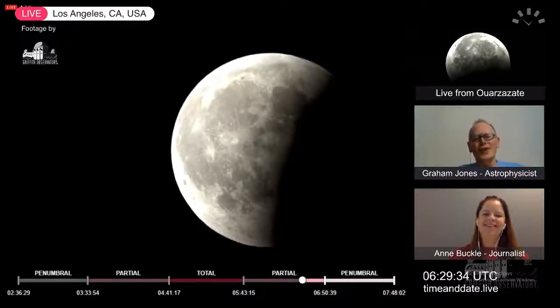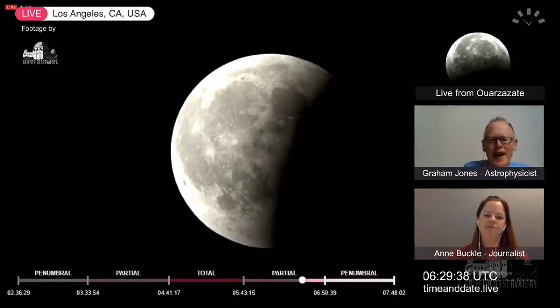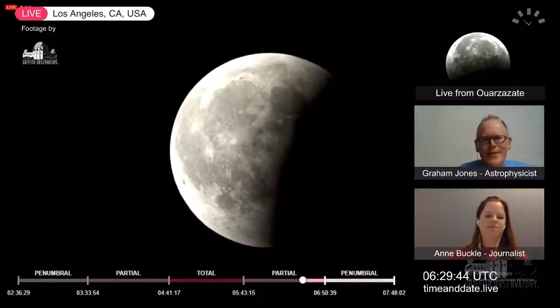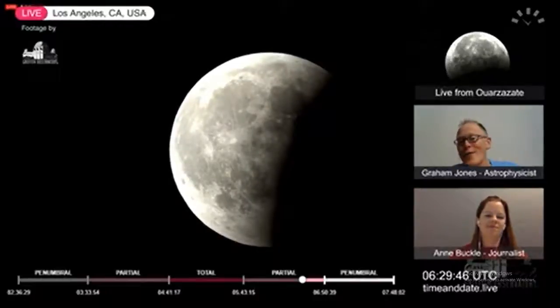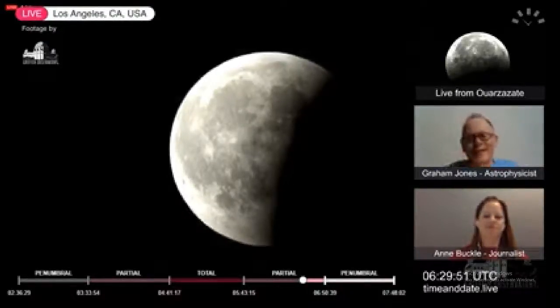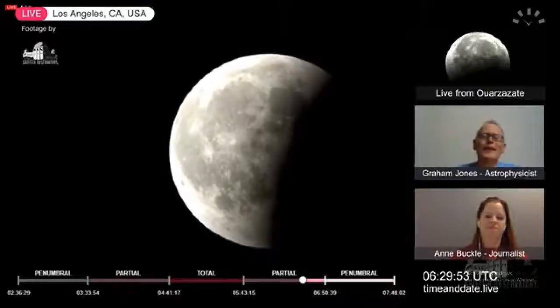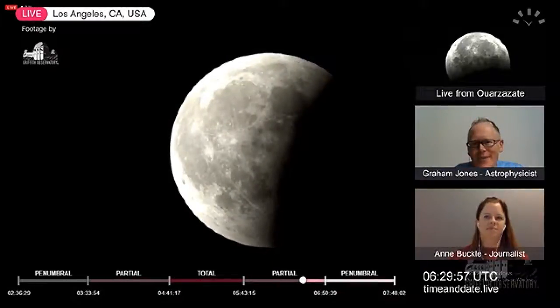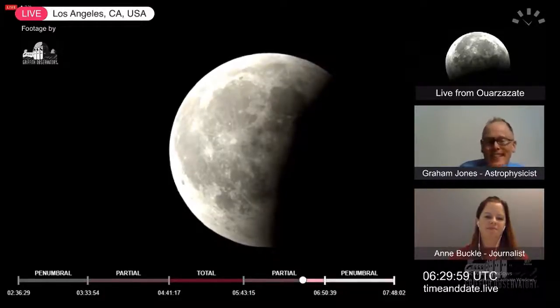So during totality, the Earth was completely blocking sunlight from reaching the moon directly. The only way that sunlight could get to the moon and illuminate the moon was by being bent by the Earth's atmosphere. There's two things that are happening.